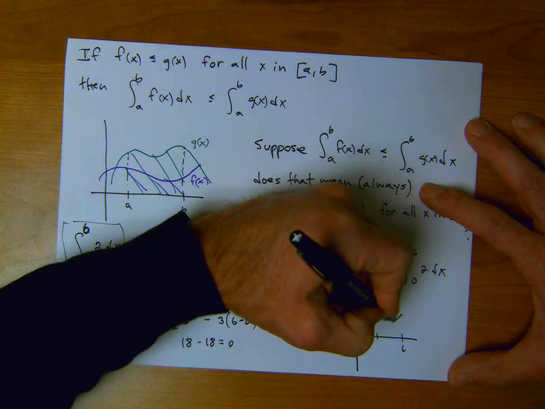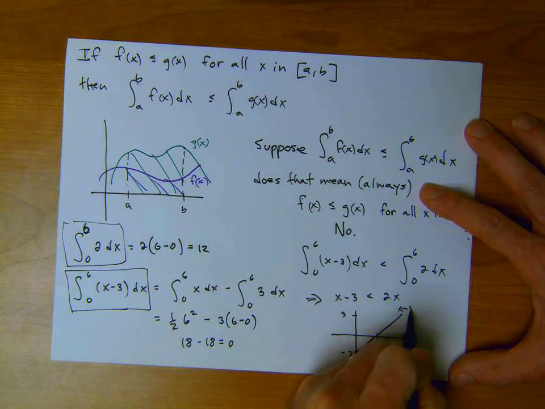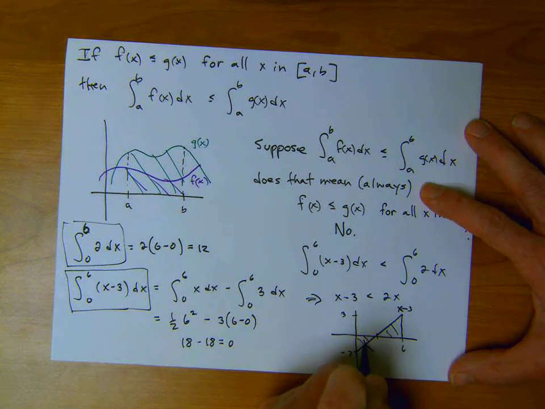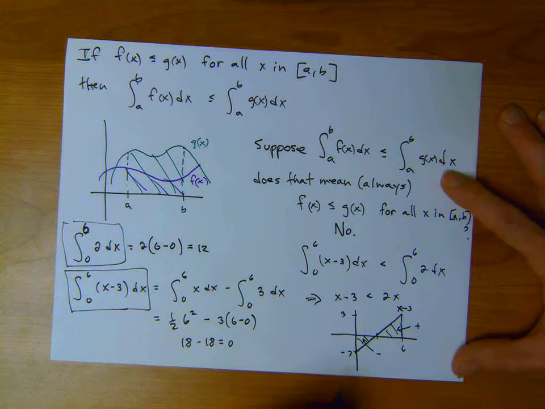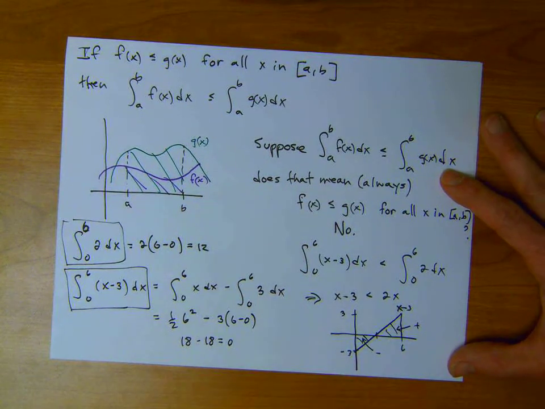So this is x minus 3. We have this area here and this area here. This area is negative, this area is positive, but they're the same, so the total area is 0. I haven't drawn this symmetrically, but you get the idea.